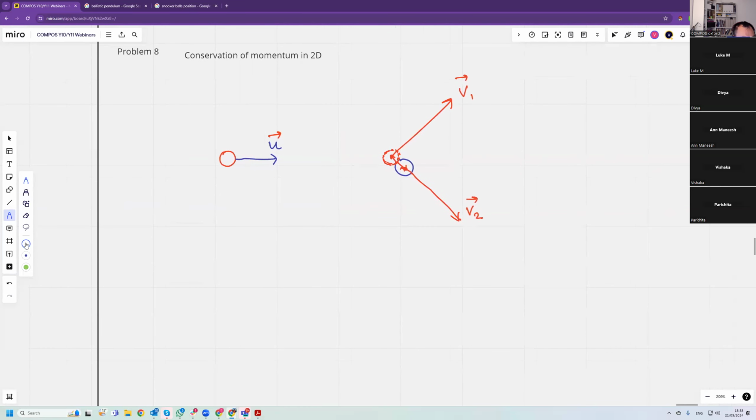So conservation of momentum is a vector. So if the mass of the ball is m, so mu is equal to mv1 plus mv2.